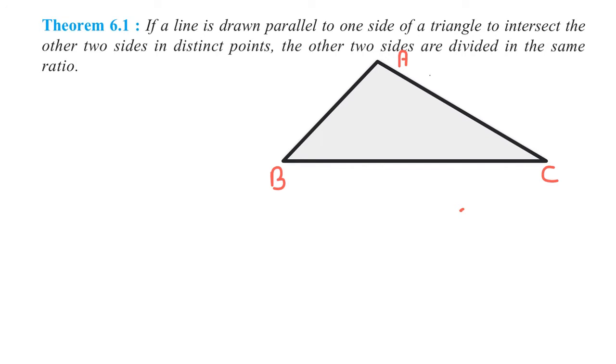Now let us draw a line parallel to BC, intersecting AB and AC. So we have drawn a line DE parallel to BC, intersecting AB and AC. Let us join BE and CD. So we have joined BE and CD.